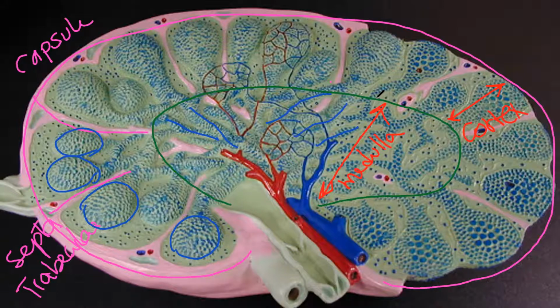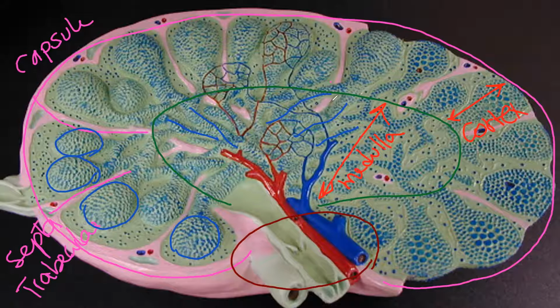So in the cortex, we can see lymphatic follicles, while in the medulla, we have medullary cords. And we have one part in our lymph node which we call the hilum or hilus. This part is the indented part, and through this part, we have entrance of the artery, exit of the vein, and also exit of efferent lymphatic vessels.